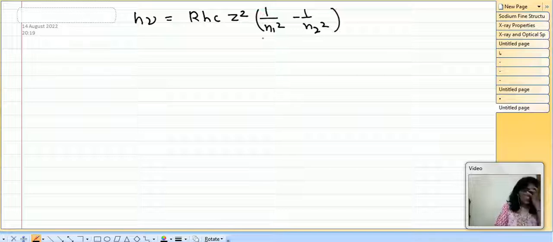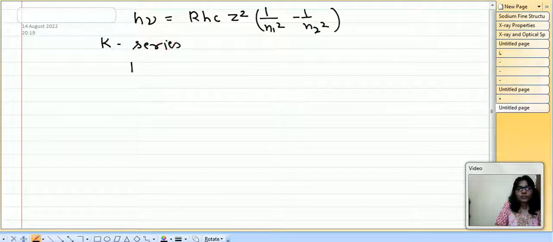So this was the formula for the emission of any radiation, and here again we can use the same formula for the X-ray also. So these are the two terms. This n1 is for the K value, and this may be for the L, and this may be for the M.